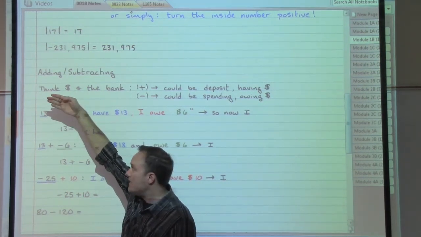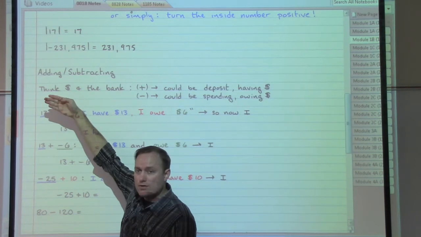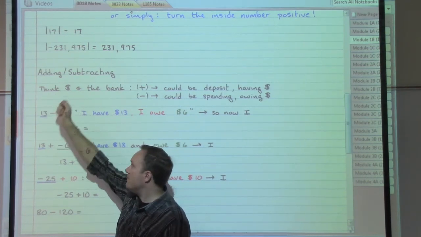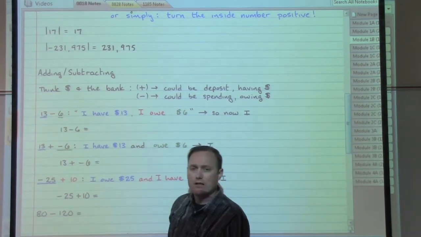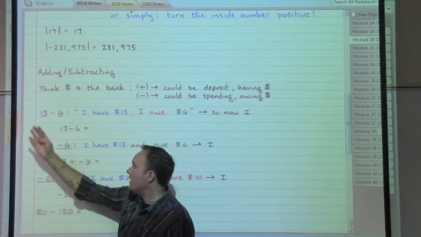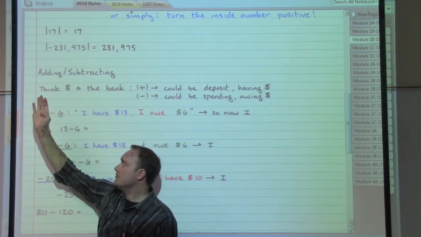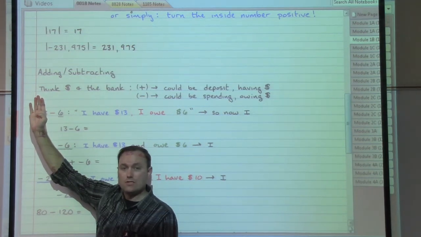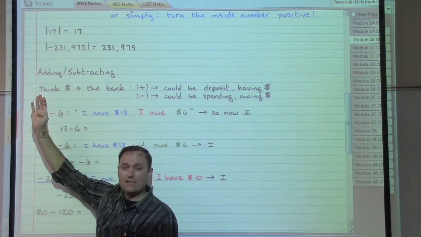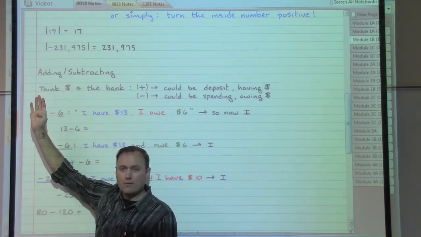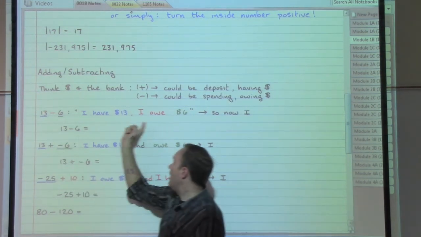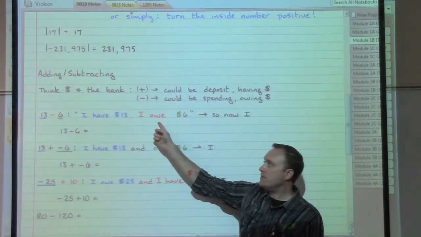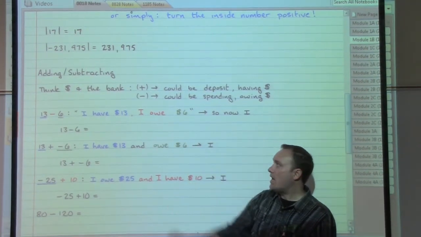The 13 is a positive number, so to keep things very simple, I have $13. Now go ahead and cover up that 13 that I just used, and if I look at what shows up next, it looks like a negative number by itself. It looks like a negative 6. And negative numbers I relate to owing money. So I would say that I owe $6.